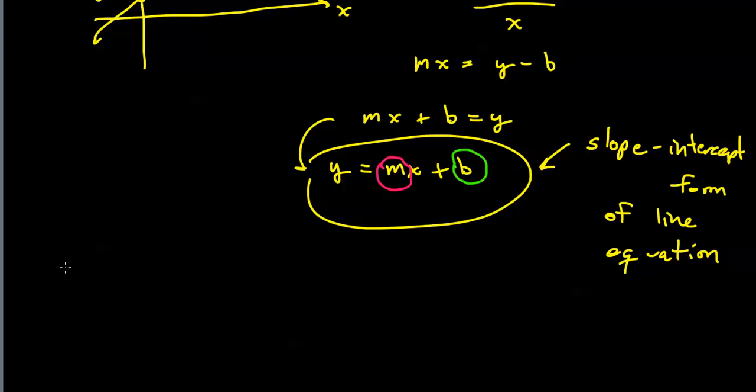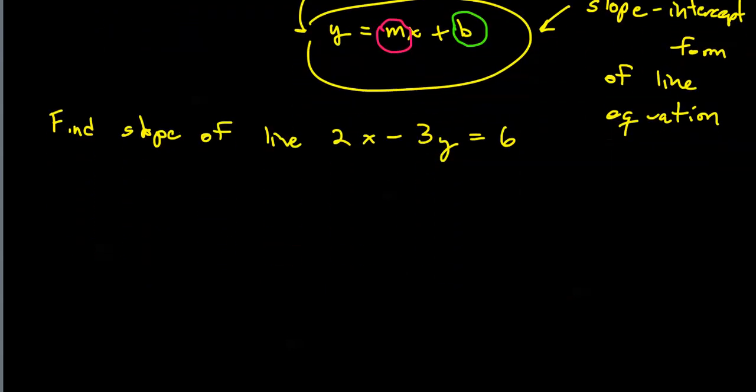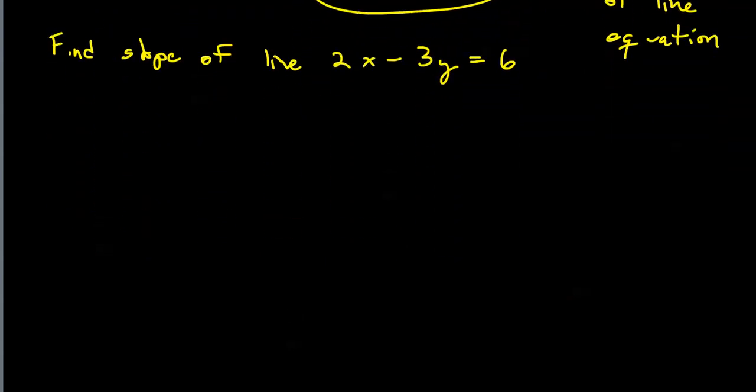It's a very powerful form. For example, we can say find the slope of a given line. Let's say 2x minus 3y equals 6. Without this tool, to find the slope of this line, we'd have to make a table of values, establish a couple points on the line, plug the coordinates of those points into the slope formula, and grind out the slope through that process.